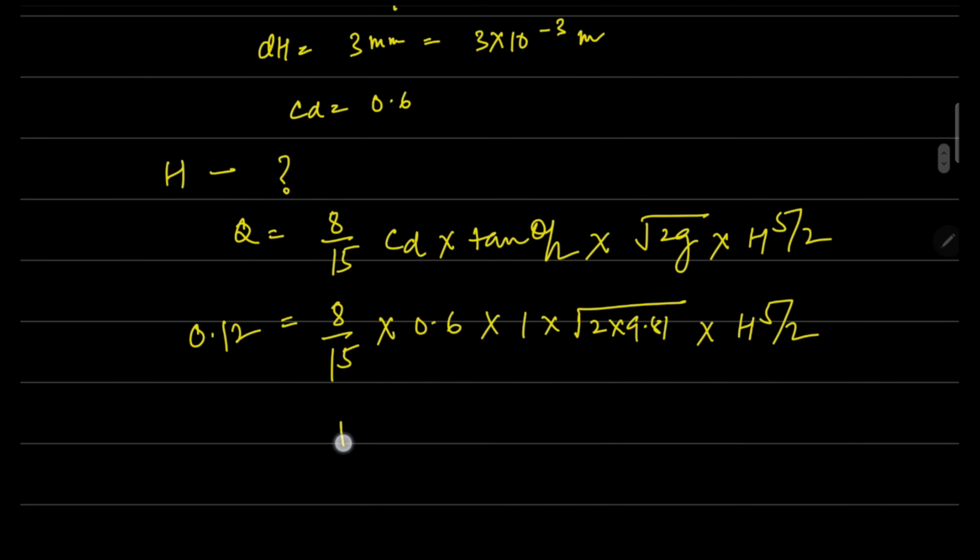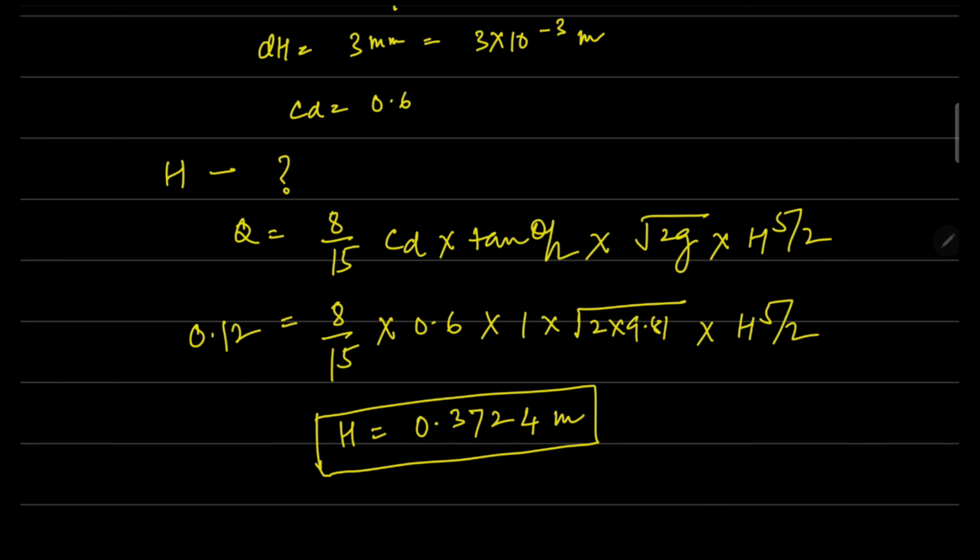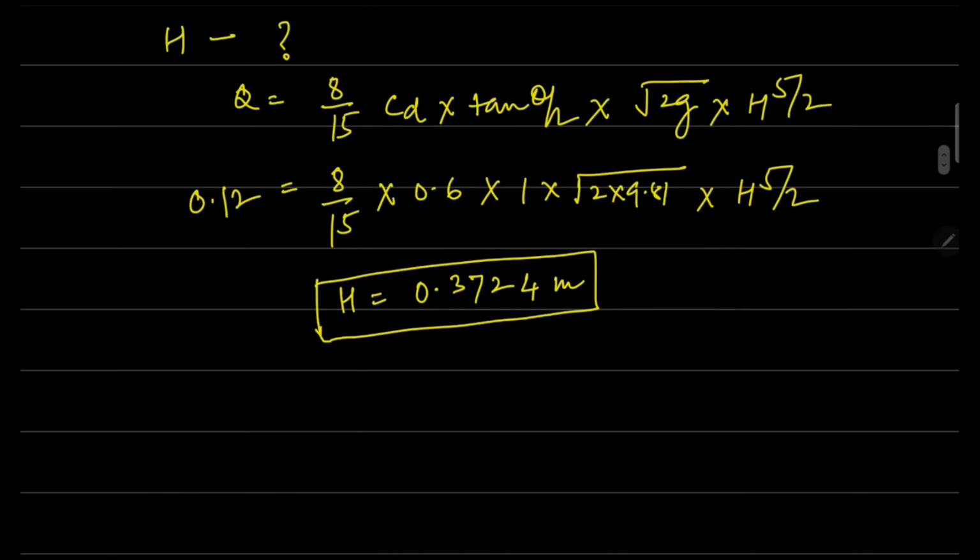So h will be equal to 0.3724 meters. So now we are aware of how much dh is available. Similarly, for the triangular notch, we can write that dq over q is equal to 5 by 2 times dh over h.